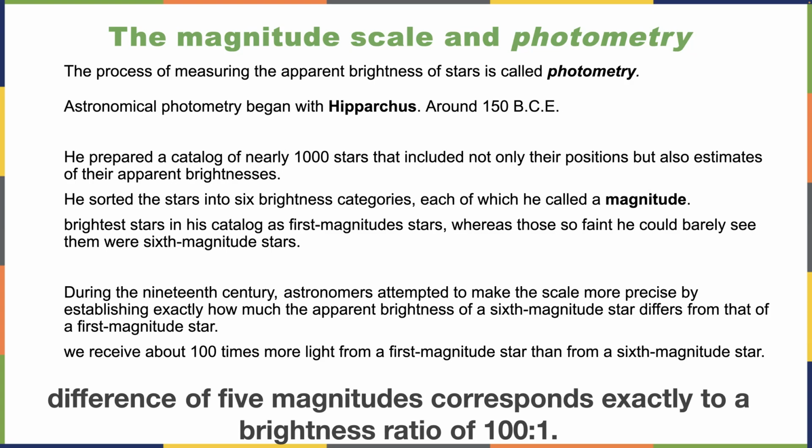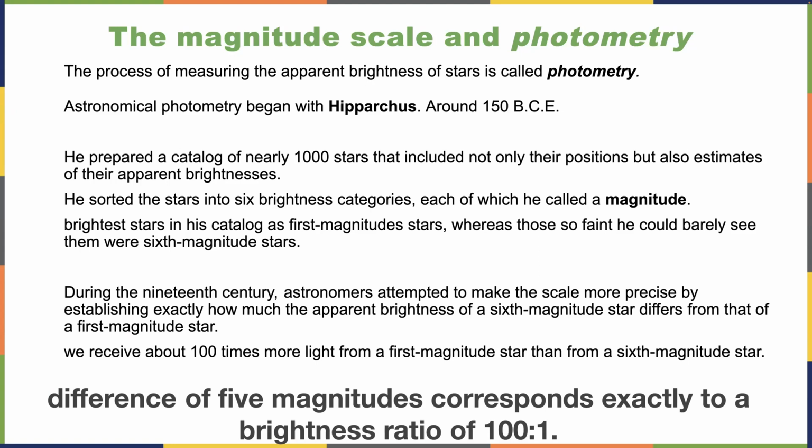And what they found was that the first magnitude star has 100 times more light compared to the 6th magnitude star. So that was their finding, right? That's what I have highlighted here.